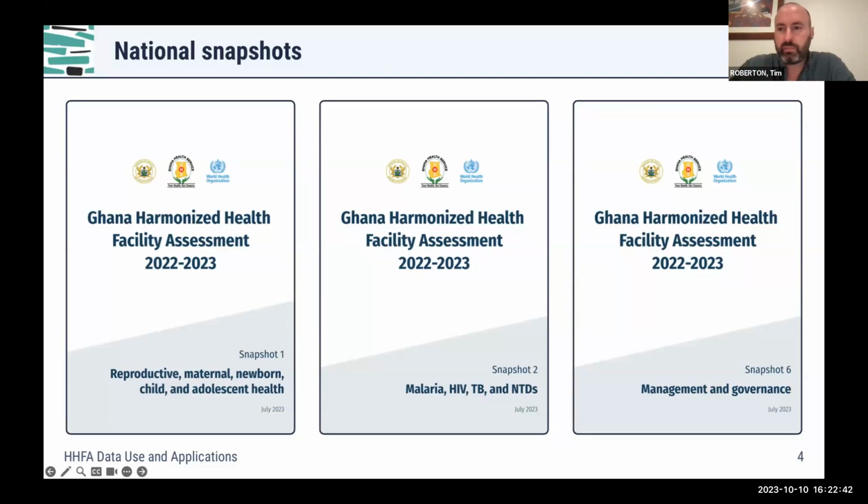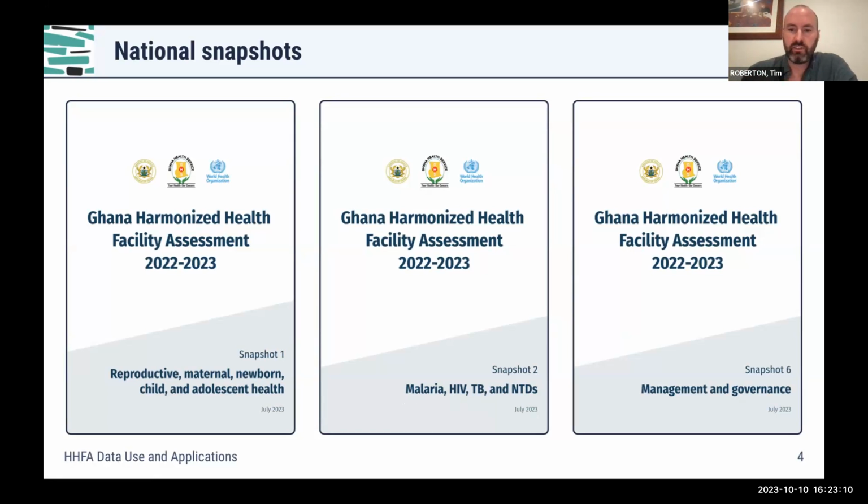and they're each about 20 pages on different program specific topics. So there was one on reproductive, maternal, newborn child, adolescent health, one on infectious diseases, one on non-communicable diseases, one on surgery and emergency services, and then one on management and governance, and one on general service readiness.